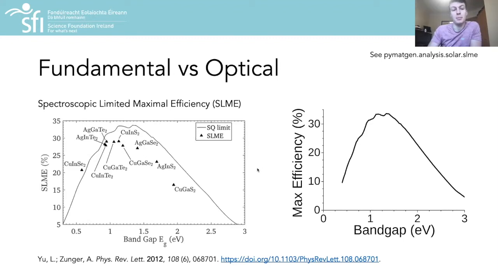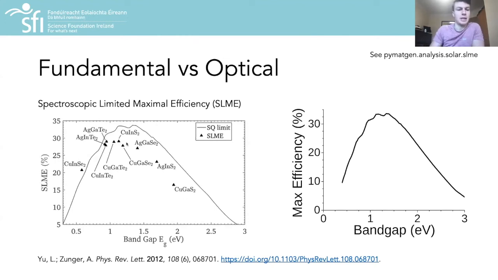So what this model does is it's essentially the Shockley-Queisser model, but incorporating the effects of imperfect finite absorption. So removing the assumption of perfect step function like absorption, which the Shockley-Queisser model uses, and then accounting for the actual absorption spectrum of our material.